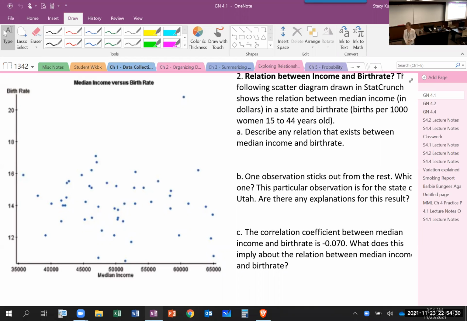So if that point right there represents the information from Utah, do you think it's a data entry error or do you think it's real, and why? What is Utah known for?